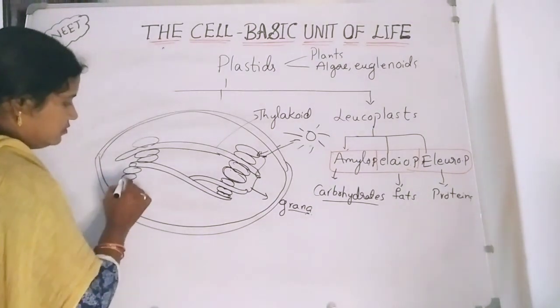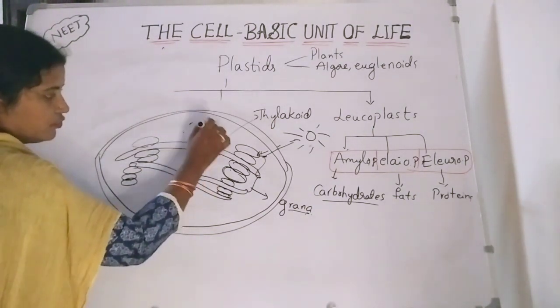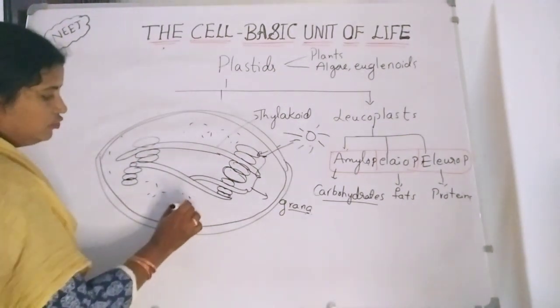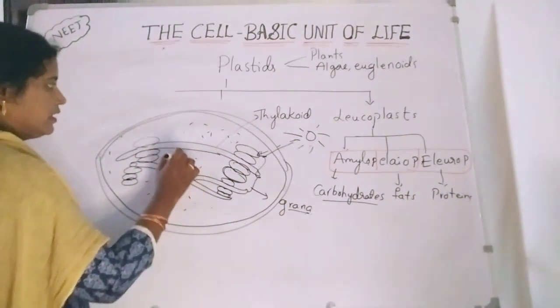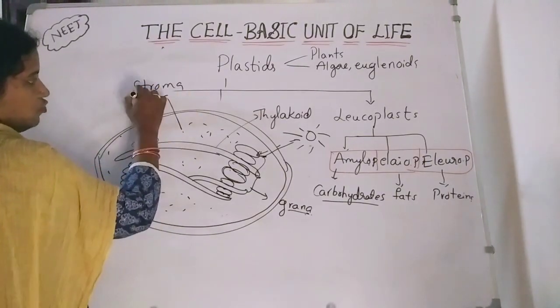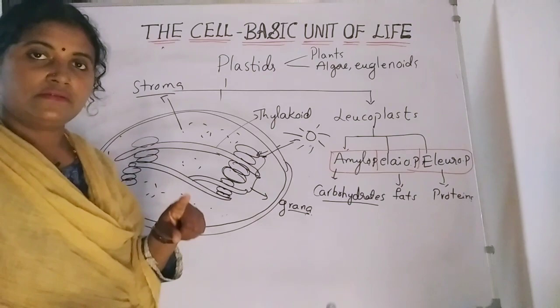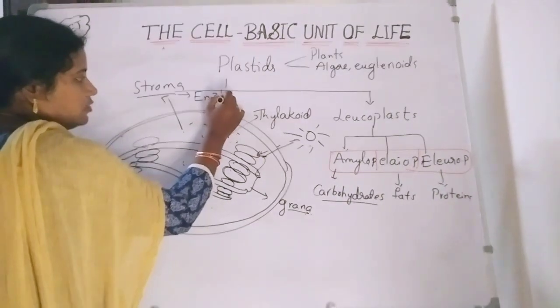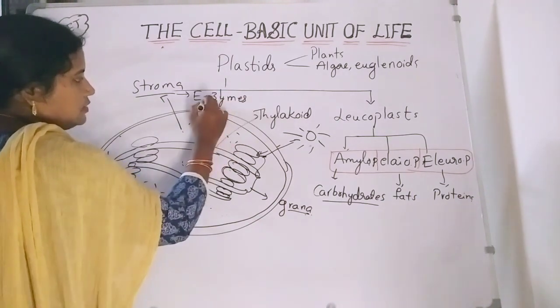The fluid portion present in the chloroplast is known as stroma. Stroma contains the enzymes responsible for photosynthesis.